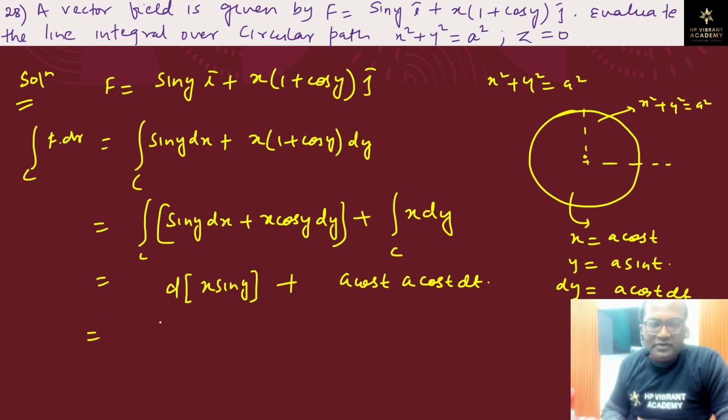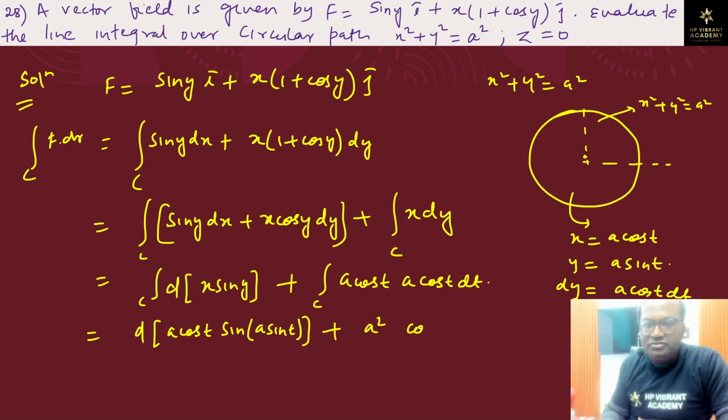And let us place the value here. So this is integral along curve C. So we have the value of x as a cos t into sine of y, which is a sin t, plus this is a square cos square t dt. Let us further simplify this.